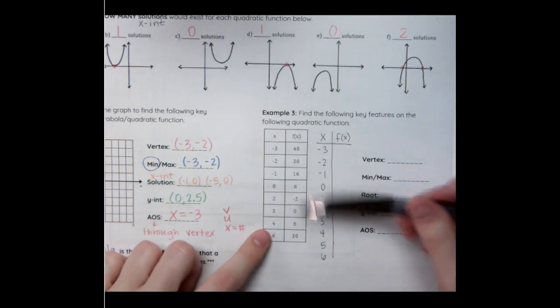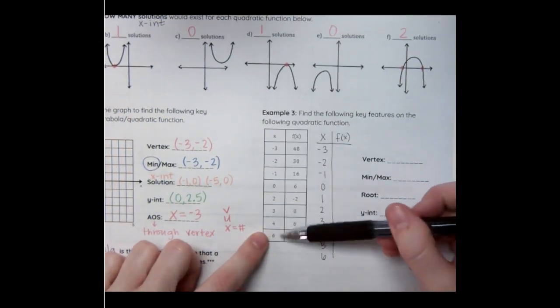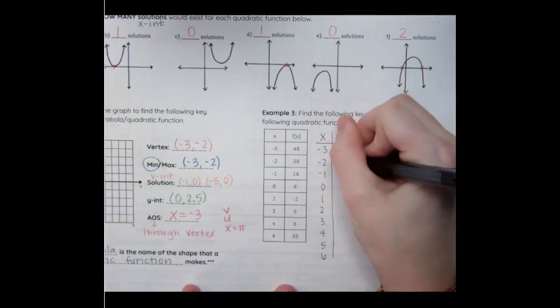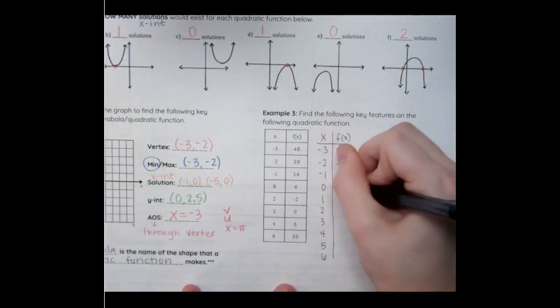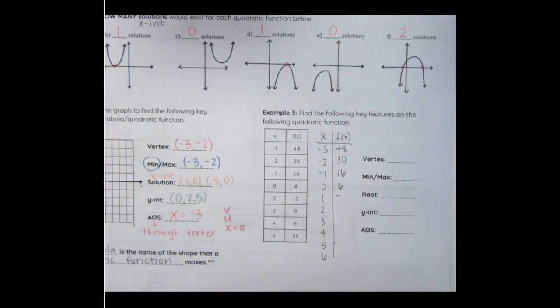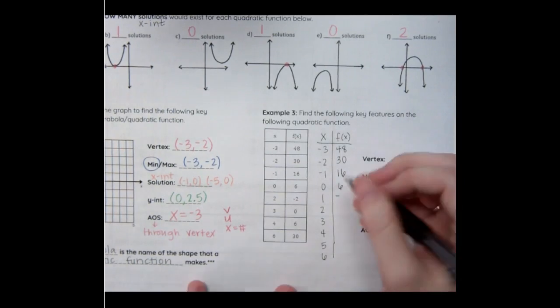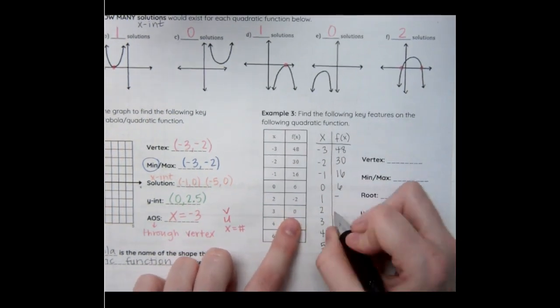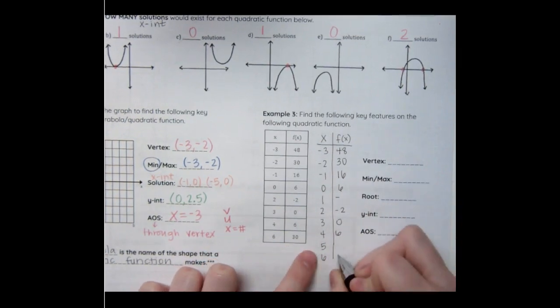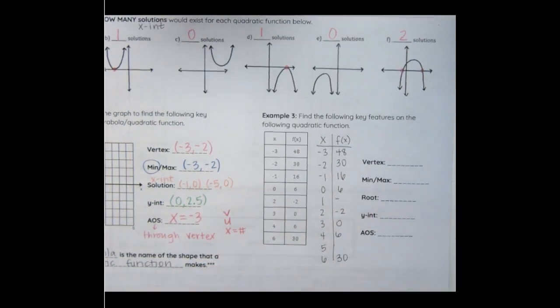So I added in, we were missing an x value of 1 and an x value of 5. So I'm just going to fill these in for what I know so far. Oh, I don't know that one yet. Pause. Leave that one blank. For 2, it's -2, 0, 6, I don't know 5, and then 30.